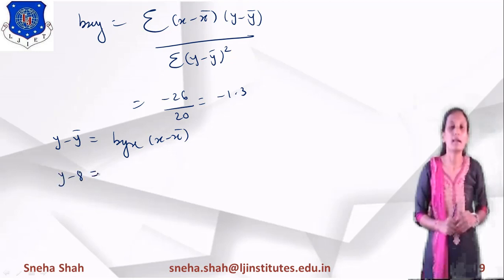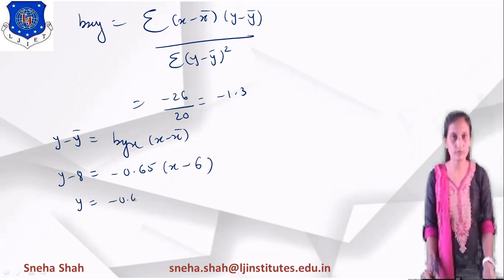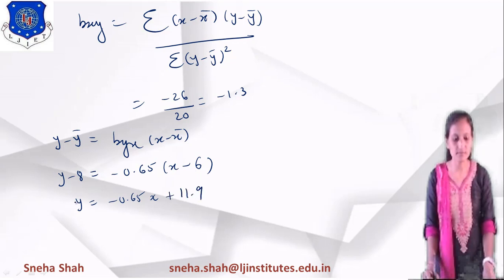The value of y bar equals 8. What is the value of Vyx? We had already found its value equals minus 0.65. What is the value of x bar? Its value equals 6. So if I am simplifying this, then the equation will be y equals minus 0.65 into (x minus 6) plus 8. So it will give us the answer equals 11.2. So this is your final answer.